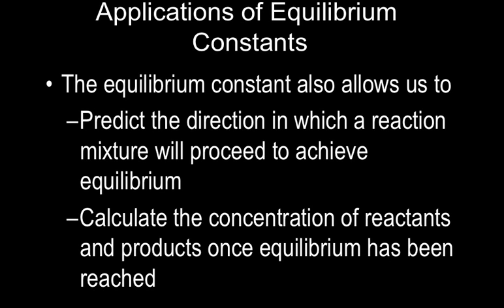The other thing we can do is once we know the equilibrium constant, we can compare the equilibrium constant taken from equilibrium values to a constant called the reaction quotient taken when it is not at equilibrium, and it can help us predict the direction in which a reaction will proceed to achieve equilibrium.